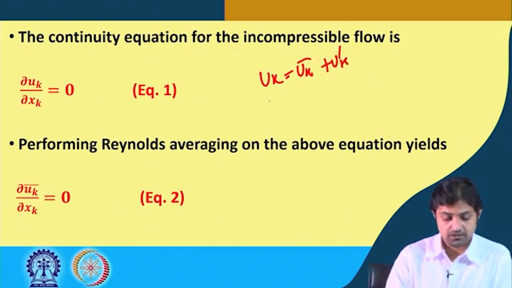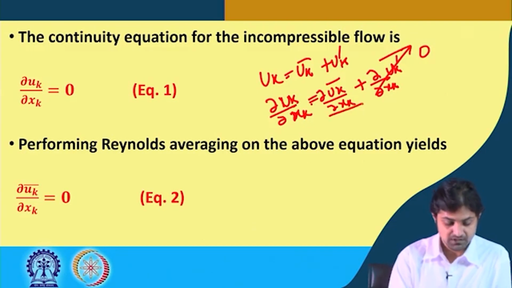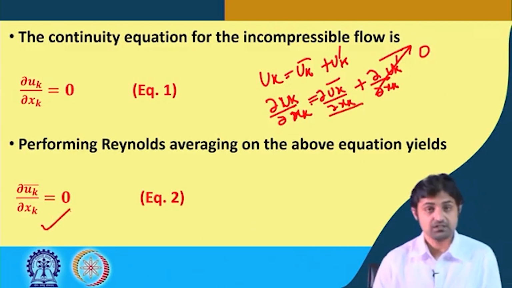Alright, and so del uk by del xk will be del uk bar by del xk plus del uk prime by del xk, and this will go to 0. Alright, so this can be represented as this.